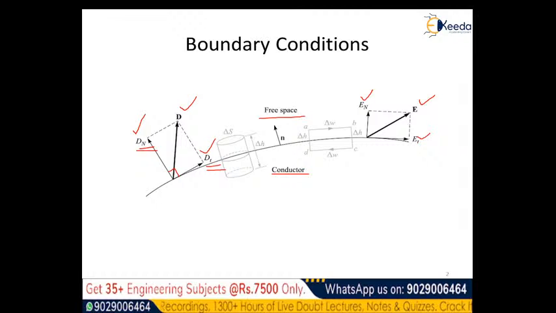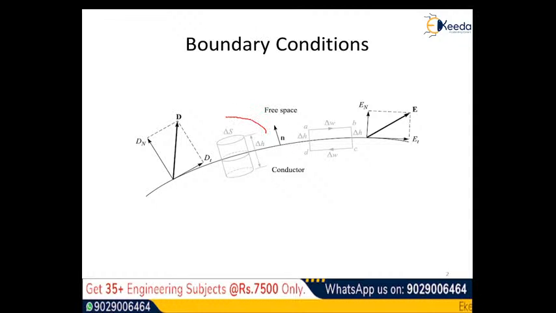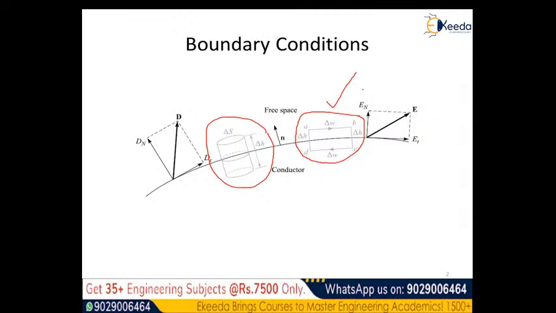So for studying the behavior of the normal components and the tangential components of the electric field intensity and electric flux density at the line that separates free space from the conductor, we have these two differential geometrical shapes here. Whatever rectangular section you see here is just a closed loop.